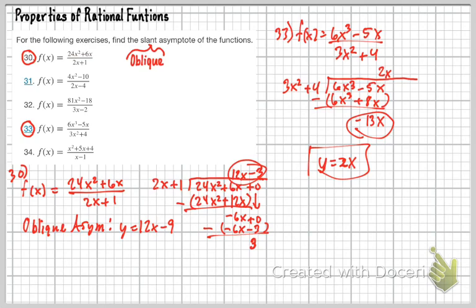If you look at every one of these problems, they're all just a difference of 1 degree on the top. When I see that, I have an oblique asymptote. So that's just a quick indicator that tells me what I'm dealing with right away. The top has to be a larger degree than the bottom by 1. So there are our answers for this one. In and of itself, just to find the oblique asymptote isn't too bad. It's just division.